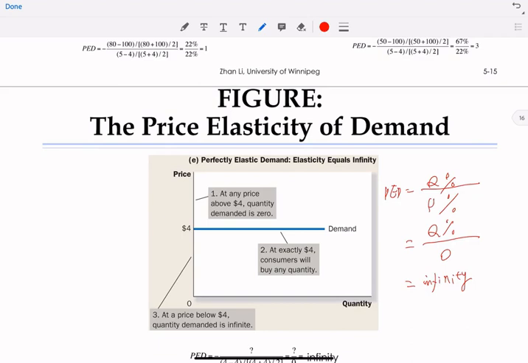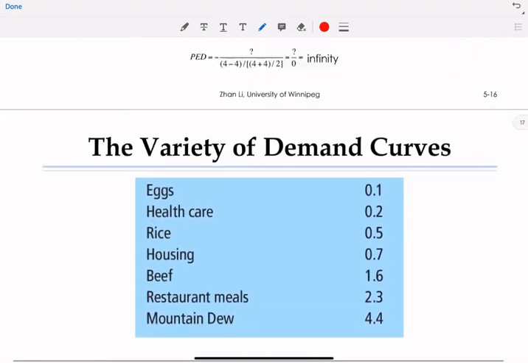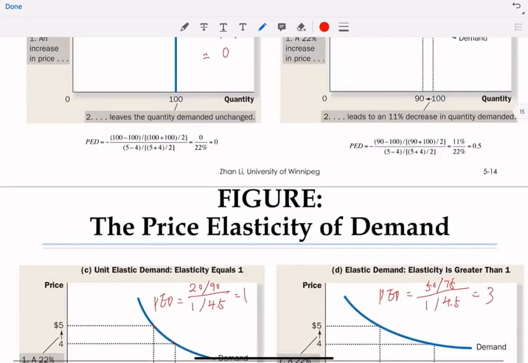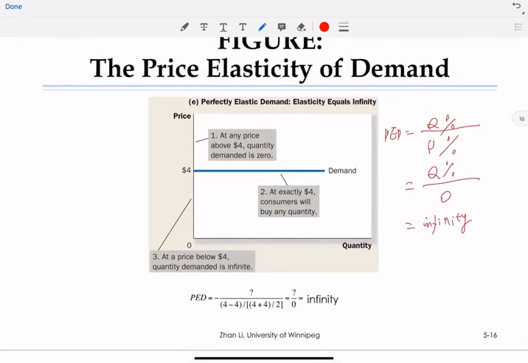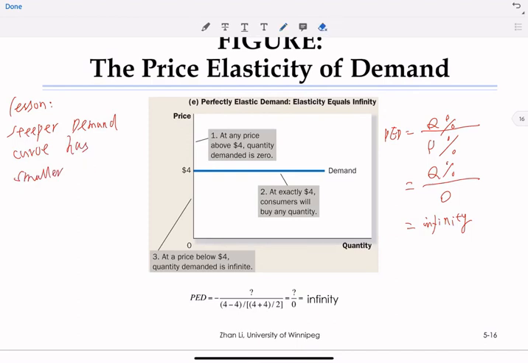So what does this tell you? It basically tells you this. I'll write it here. So what's the lesson here, right? The lesson here is steeper demand curve has smaller elasticity.